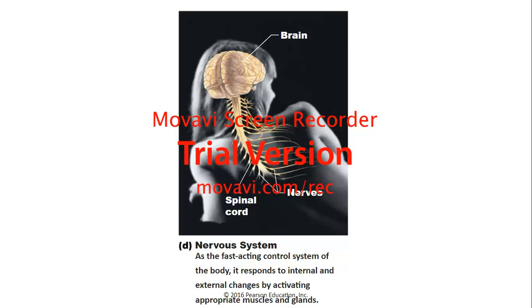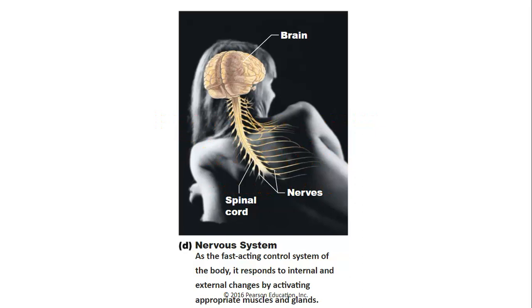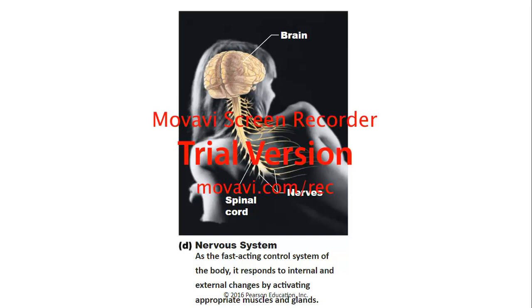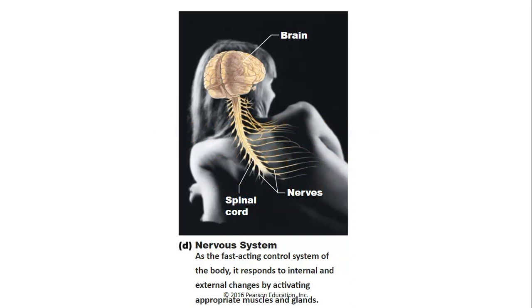The nervous system is going to tell our internal body to respond to whatever is happening externally. It allows us to do that, and also allows us to control what's going on internally too. So there are our internal monitors also, but it also allows us to respond to what's happening outside of our body. So the nervous system is obviously very, very important, and we will talk about that later on in this course also.